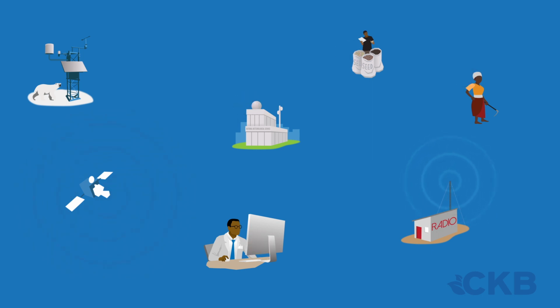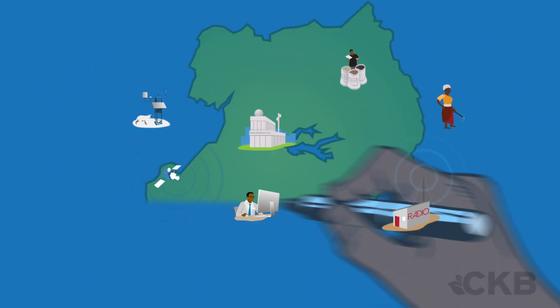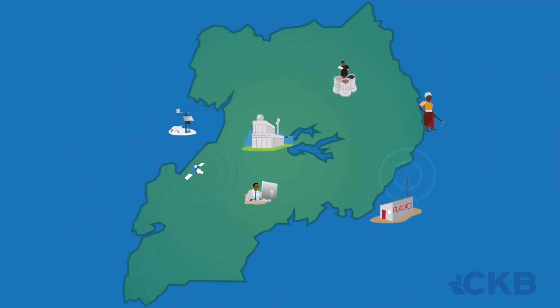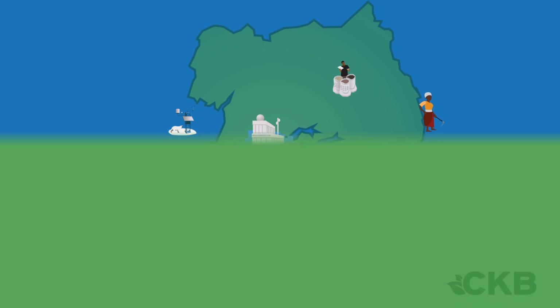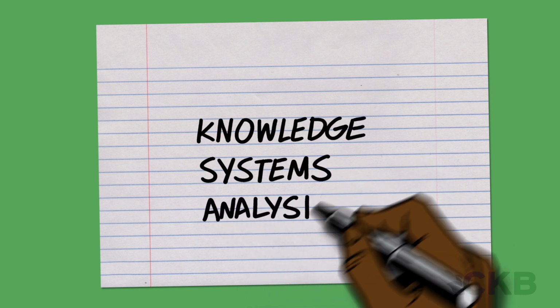The Climate Knowledge Brokers Group believe that to address this problem we need to take a step back and look at the whole system in order to understand how to make it work better. We call this approach knowledge systems analysis.